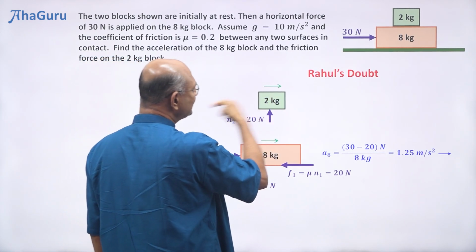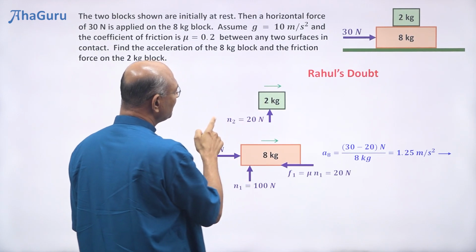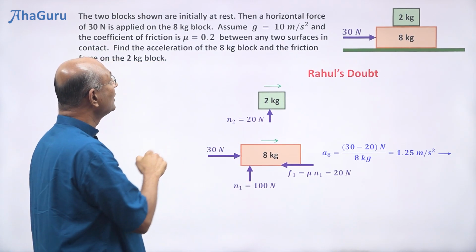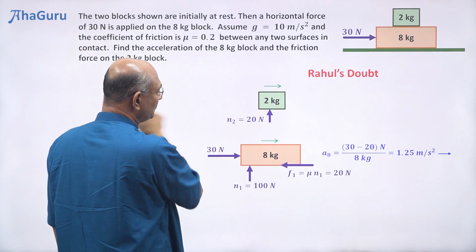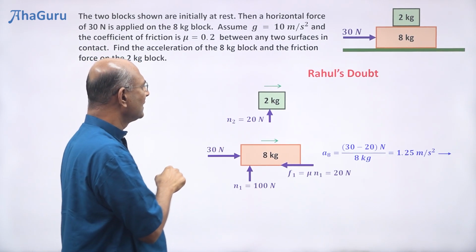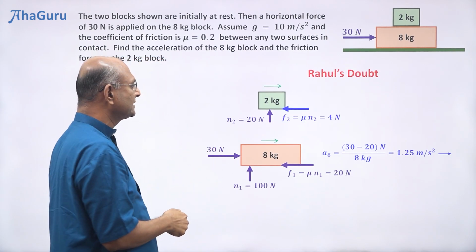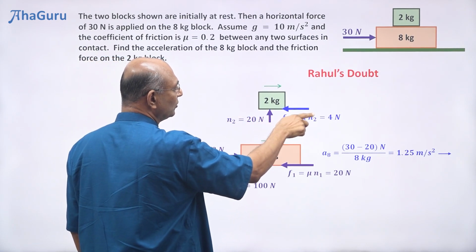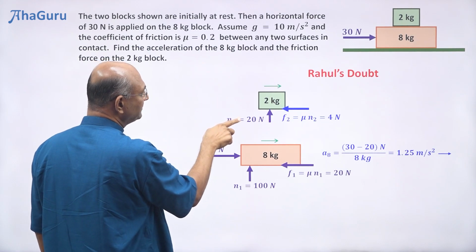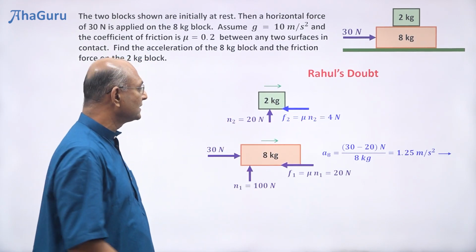And so it must have a friction force, which is mu times N2. Mu is 0.2, 0.2 times 20 will be 4 newtons. What direction? Since it's moving this way, Rahul says it's going to be in this direction.